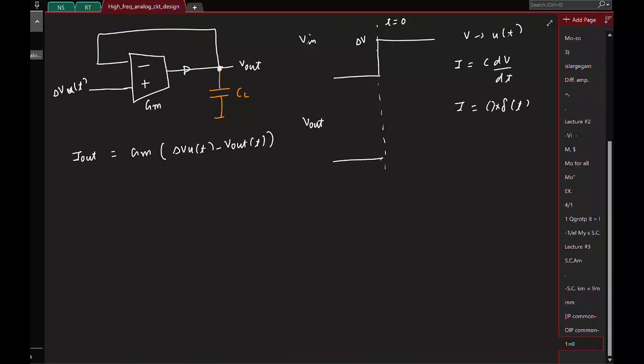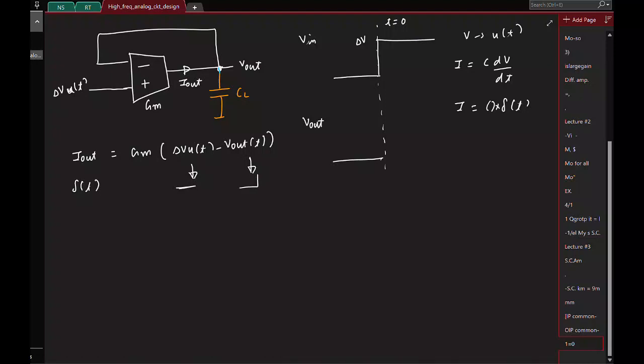So what is the current it can deliver? We have already written it, right? This is the expression. Here, if the current has to be an impulse, definitely one of these voltages must be an impulse, and obviously it's not the case. This is a step, and we are assuming that this is also going to be a step. So in this case, it's not possible.